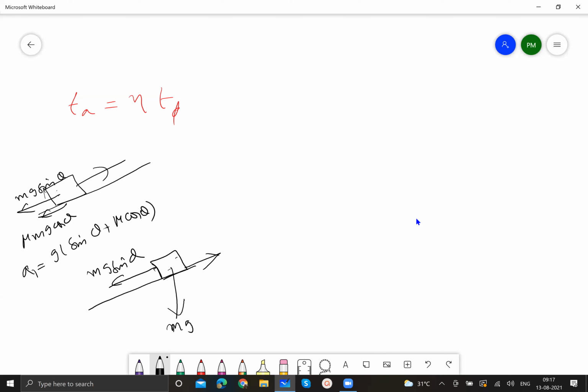This is frictional force, mu mg cos theta. Therefore, we get acceleration A2 is g into sine theta minus mu cos theta. And you know very well, time is given by 2s by a. This is 2l by a.